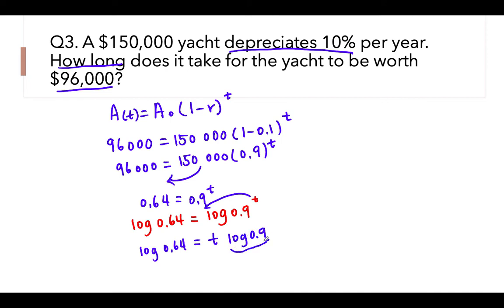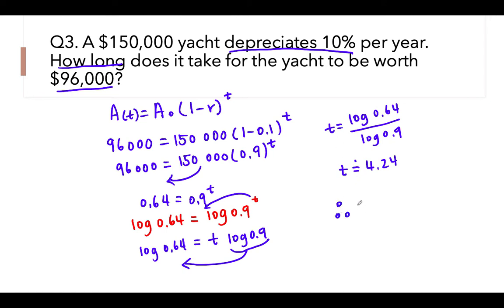Then I'm going to divide by log 0.9 so I can isolate for t. So t is equal to log 0.64 over log 0.9. When I do that, I get approximately 4.24. So, how long does it take for the yacht to depreciate to $96,000? About 4.24 years.